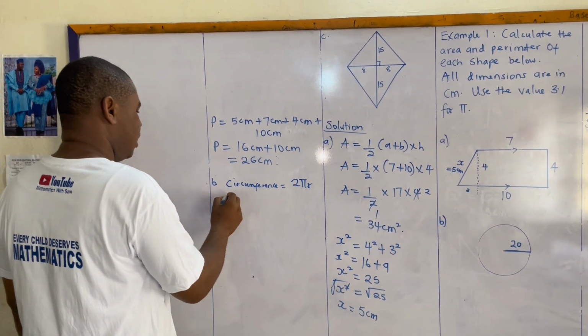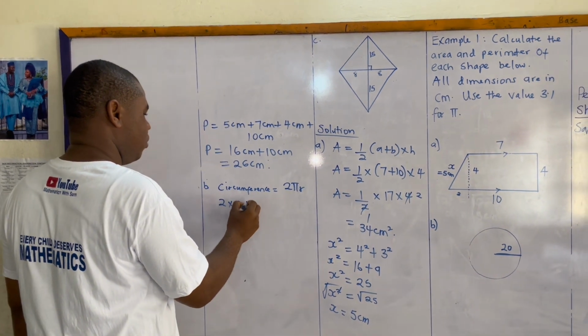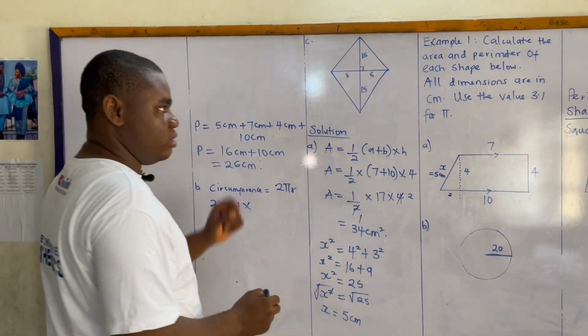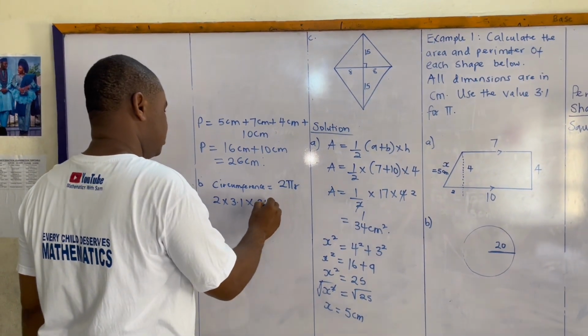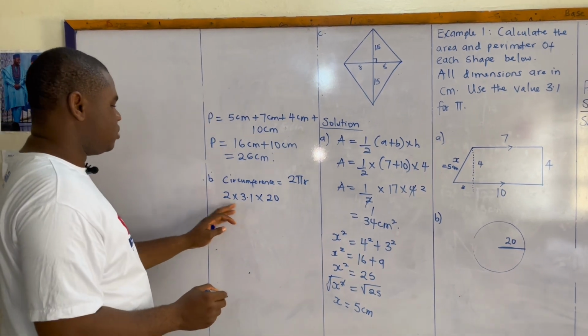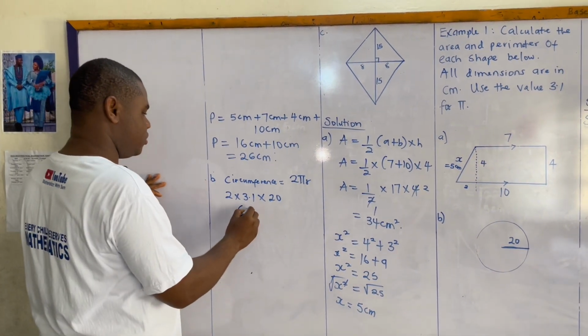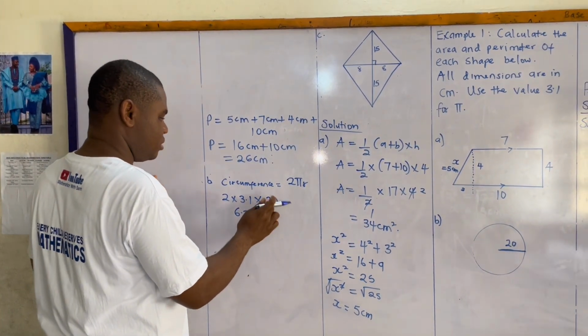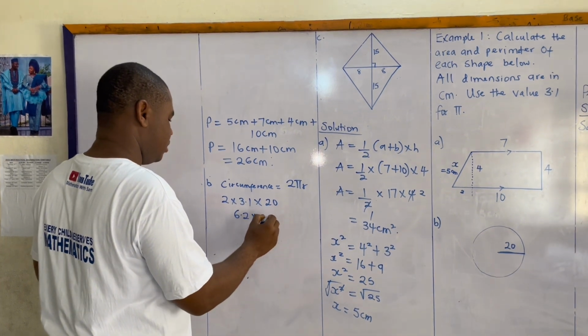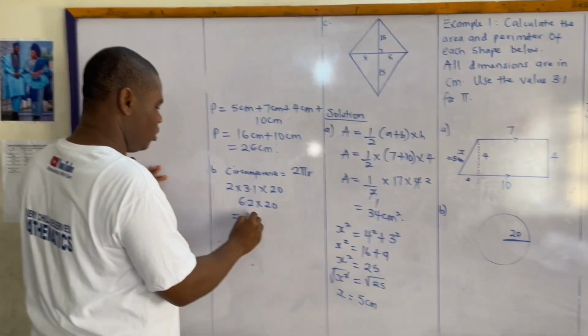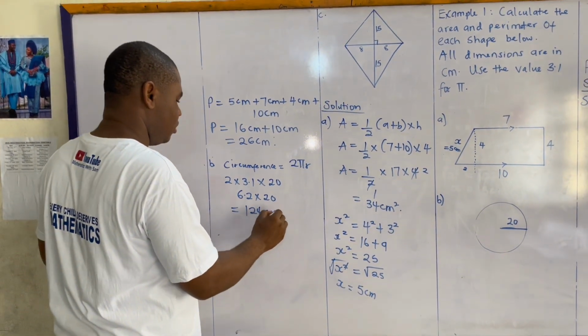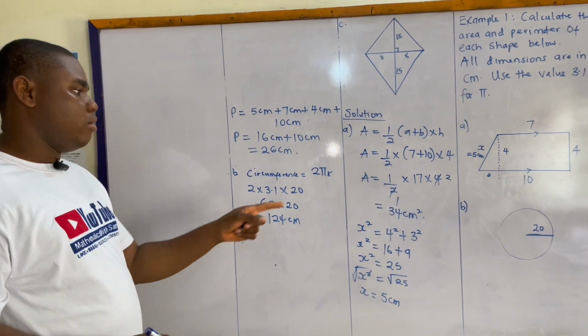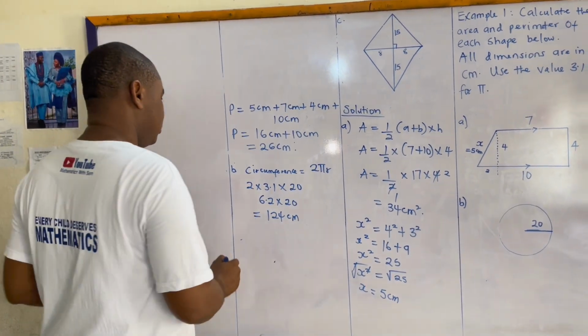So I have 2 times 3.1 times the radius, 20 centimeters. 2 times 3.1 gives me 6.2, times 20 gives me 124 centimeters. That means the circumference of the circle is 124 centimeters.